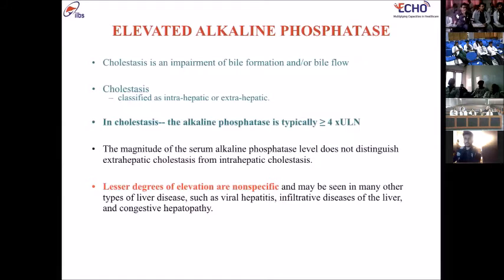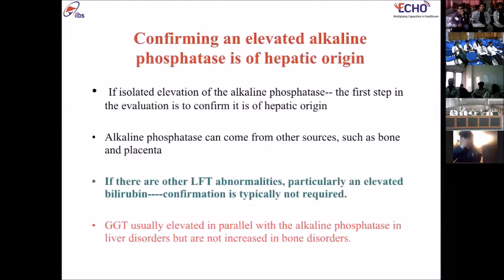Lesser degrees are usually non-specific and can be seen in hepatocellular causes of jaundice, that is viral hepatitis, infiltrative liver disease, or congestive hepatopathy. To confirm that the alkaline phosphatase is of hepatic origin, we also need to check the gamma glutamyl transpeptidase level. It usually rises in parallel with the alkaline phosphatase, which points toward a liver disorder.